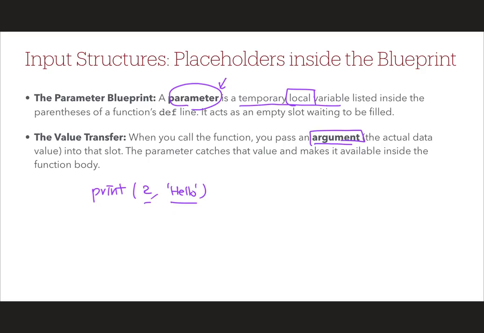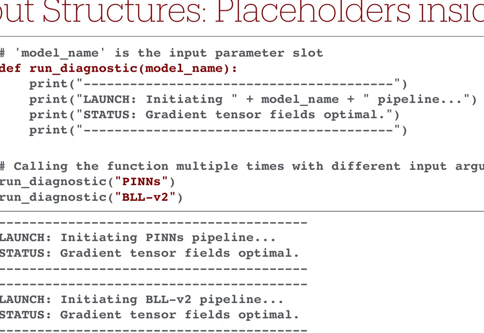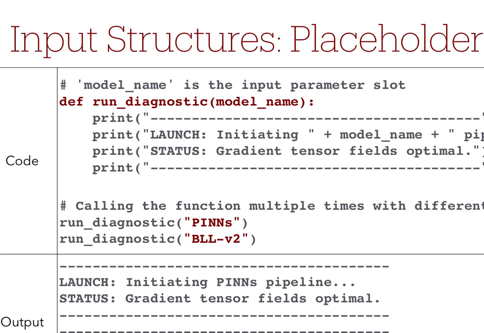So here is an example. I can define a function as before using the keyword def followed by the name of the function, run diagnostic. Now, in this case, inside this parenthesis, I have a certain name, and this name is the name of a parameter.